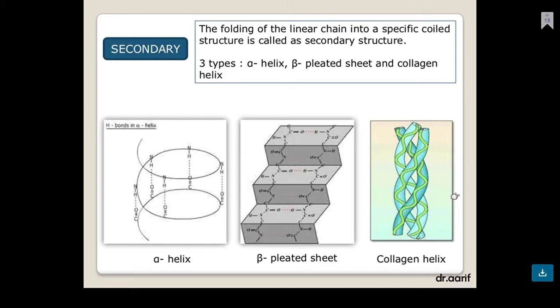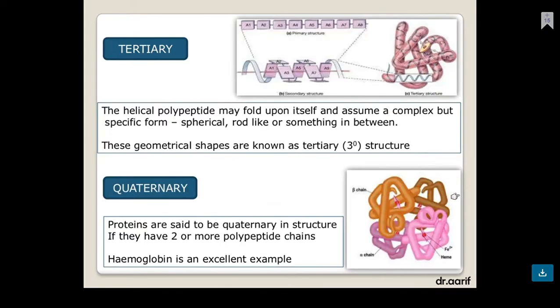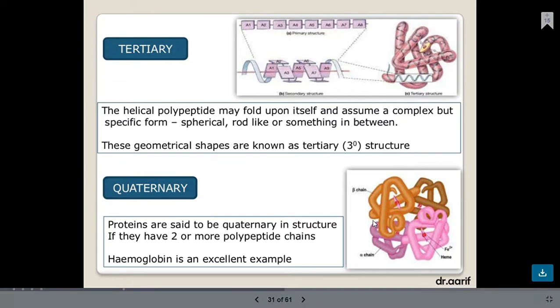Basically you can see the alpha and beta. Tertiary is when it goes through another folding, when the helical polypeptide folds itself and assumes a complex but specific form, maybe spherical or rod-like or something in between. This is known as the tertiary structure. You can see it here in 3D.